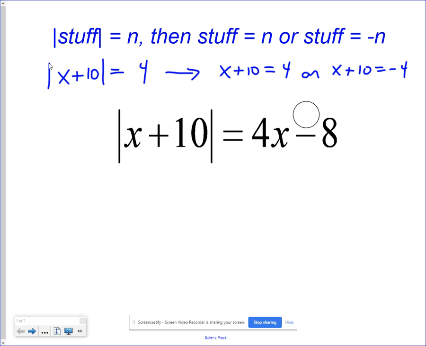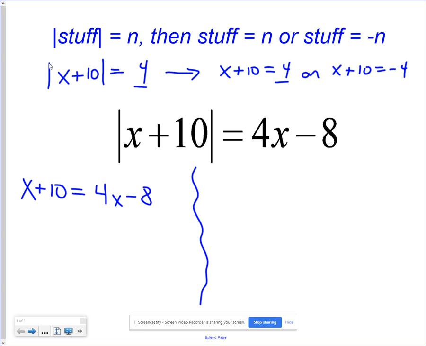So, your first step is to isolate your absolute value, which it is. So now, we're going to rewrite this as two equations. The first equation will be x plus 10 equals. If we have a 4 here, we just set it equal to 4. We don't change it. So we're just going to keep it as 4x minus 8. But then, if we had a 4 there, we would set it to the opposite of 4.